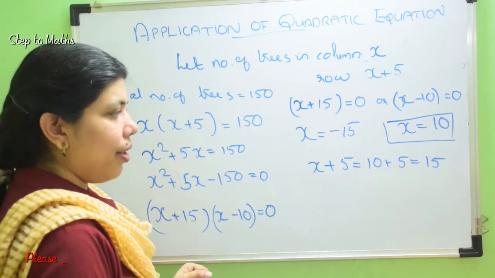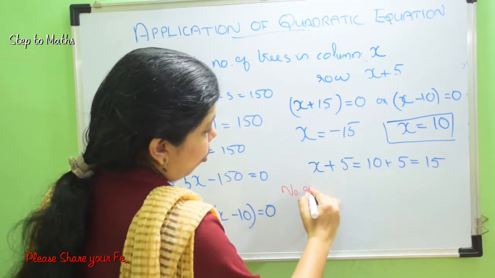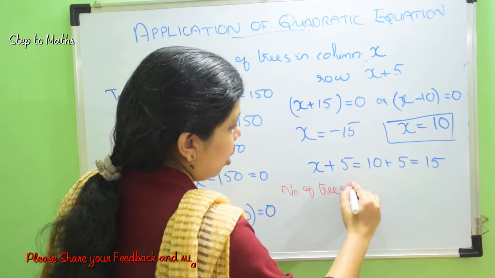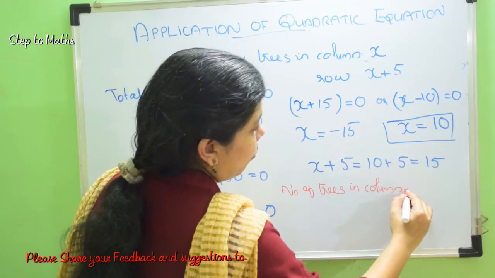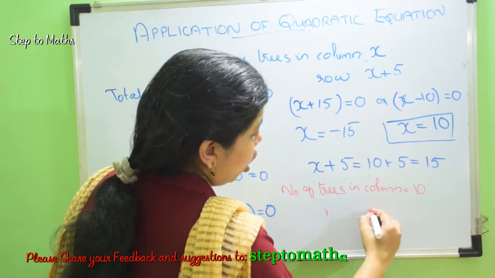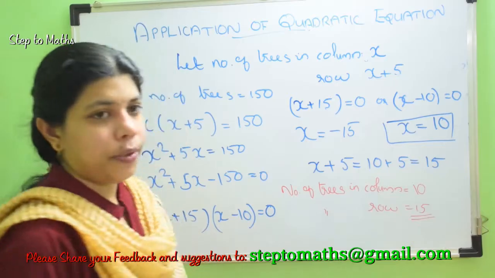So, we can conclude that the number of trees in a column is 10 and the number of trees in a row is 15.